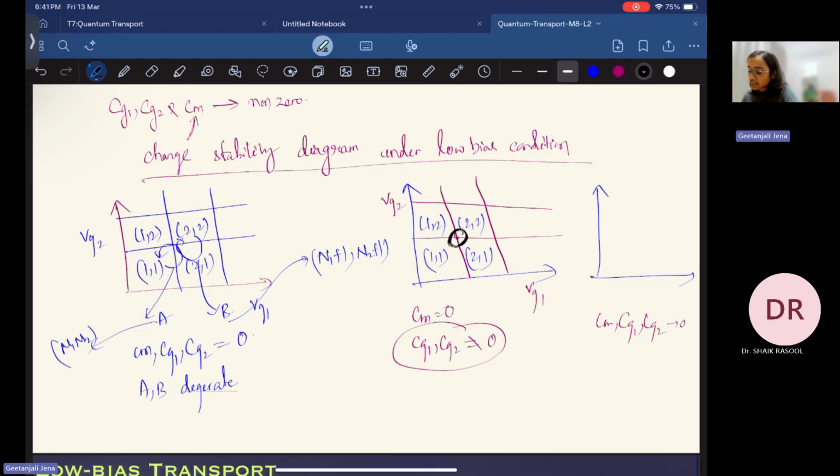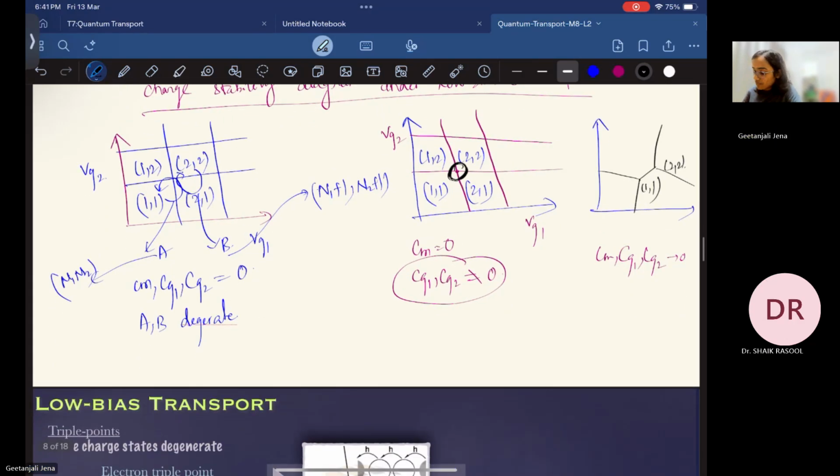So the 1 state and 2 state don't occur at the same value of Vg1 and Vg2. So for this, we see a hexagonal pattern, and this 1 state is getting separated from the 2 state.